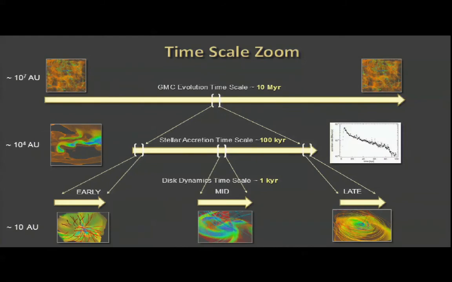So here's the answer to your question, okay? This is how we stack the simulations. First, we have a 10 million year simulation of GMC, which is supernova-driven, actually. We started off with a population of supernovae that was artificially created, but later on, it's its own supernovae that do the driving.